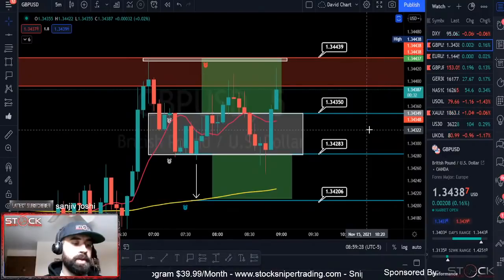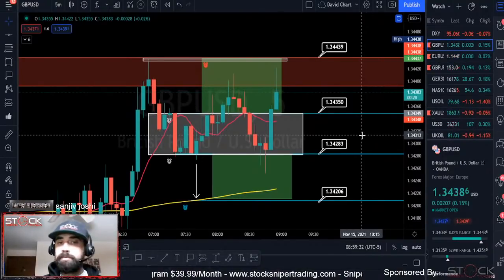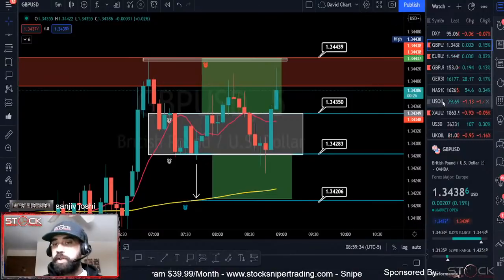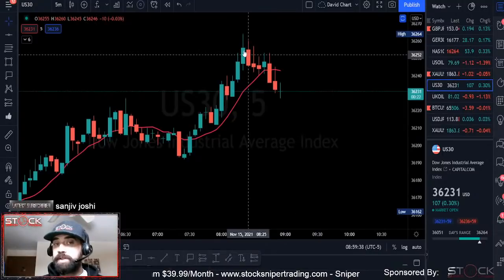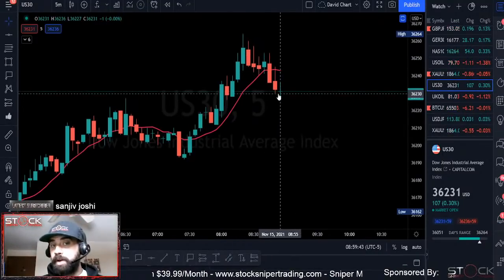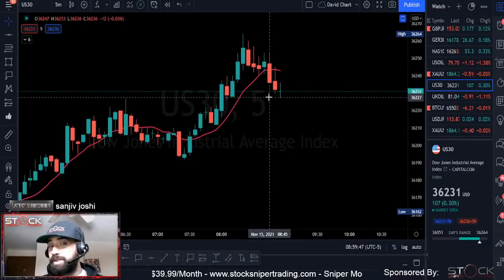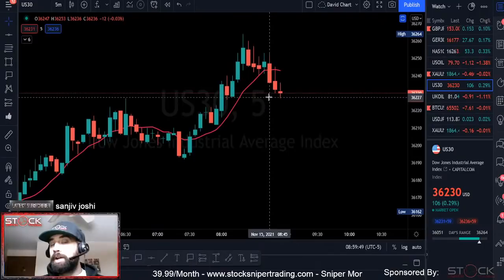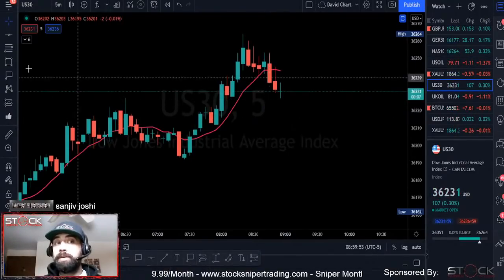Because of the overall time, I'm going to secure some of this, and then we'll make our next move. US 30 caught the sell right at the top here. This is where I told the guys to sell. I was taking a nice little trade, and as you can tell, it started to run. How far will it go? I just closed the position simply because of the time. 9 o'clock is the next hourly candle open, but also the 4-hour candle.